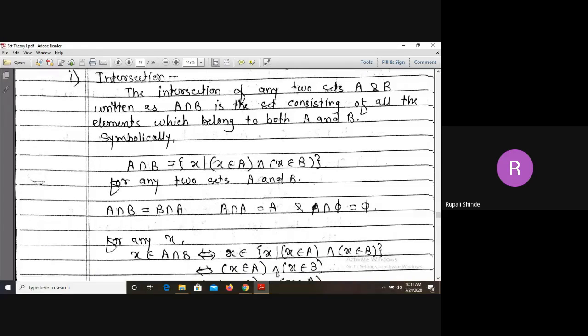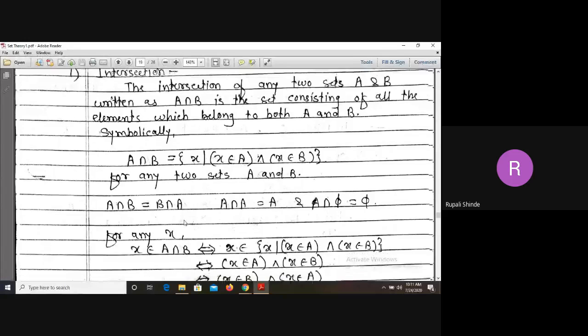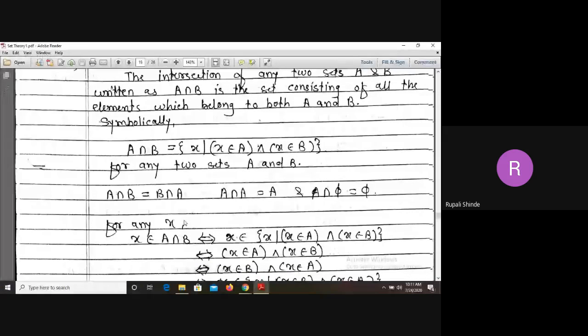Okay, now first we will see the proof for A intersection B is equal to B intersection A. First of all, consider the LHS. The LHS is A intersection B. We can consider any element X. Suppose that element X belongs to A intersection B. This is equivalent to X belongs to, we have kept this X belongs to as it is.